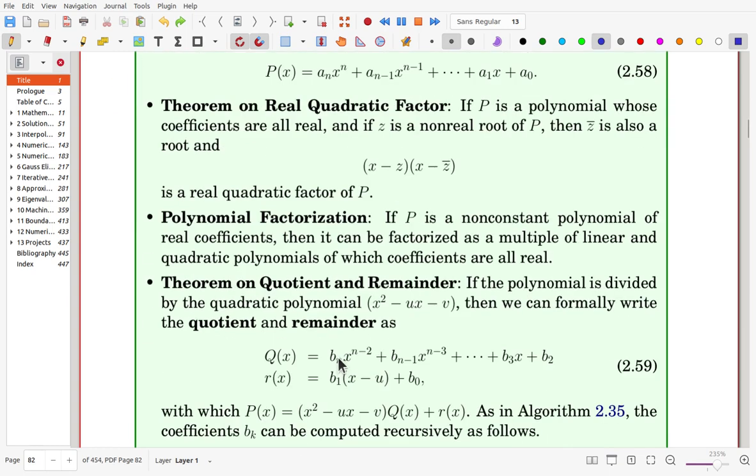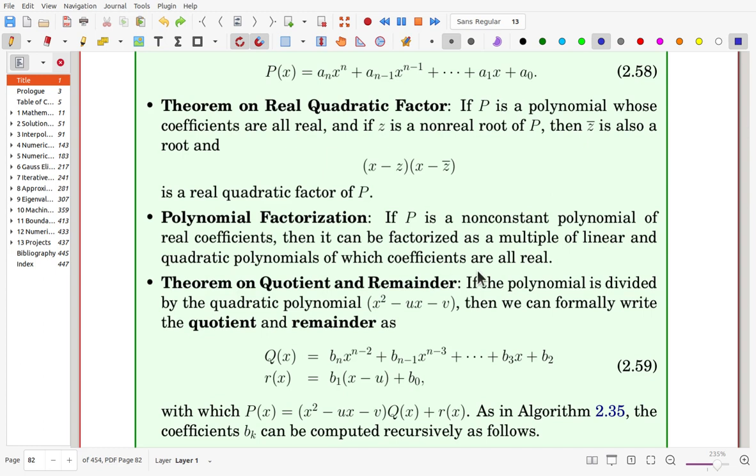Now here we have the polynomial factorization theorem. If the polynomial is non-constant with real coefficients, then it can be factorized as a product of linear and quadratic polynomials with real coefficients.